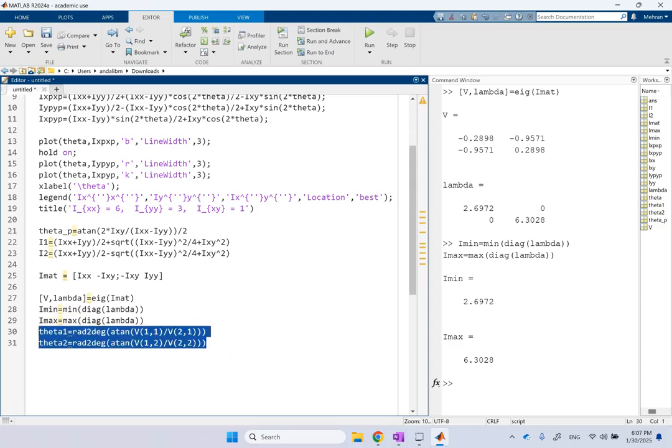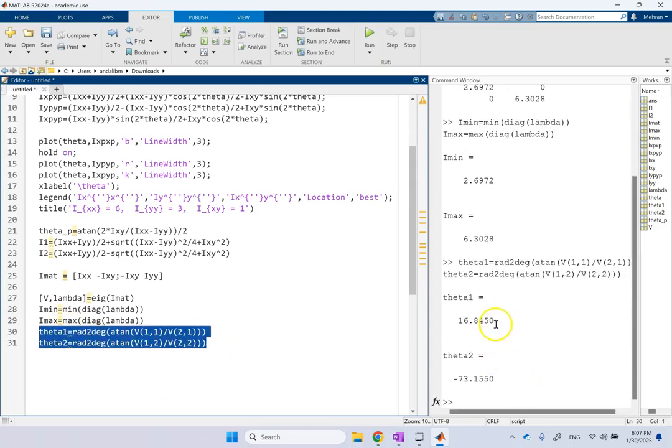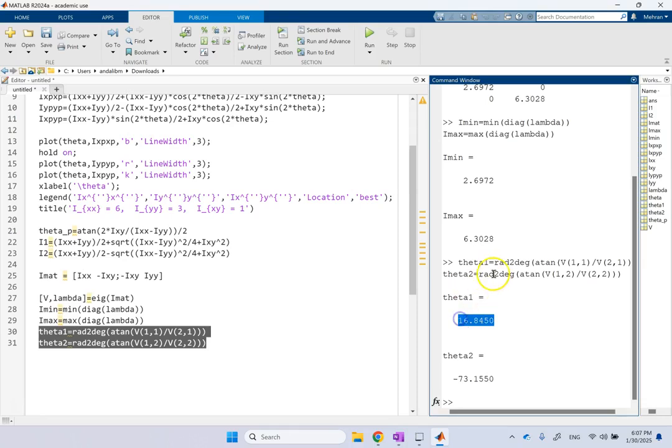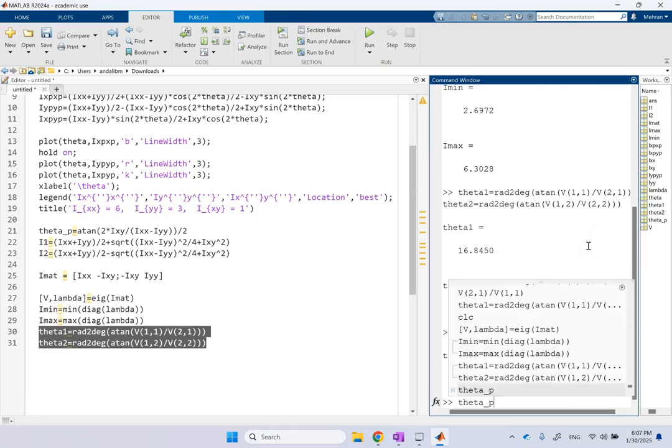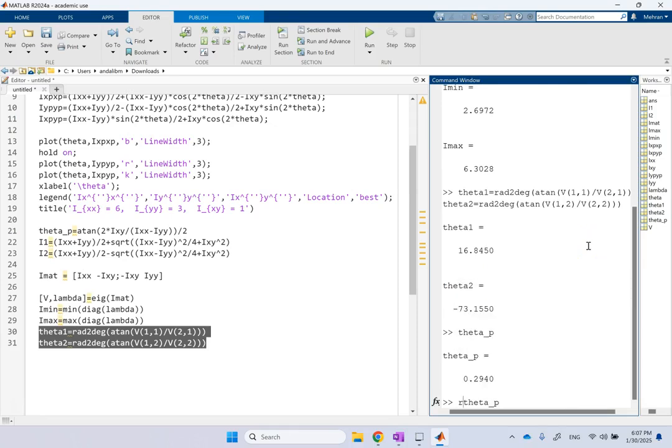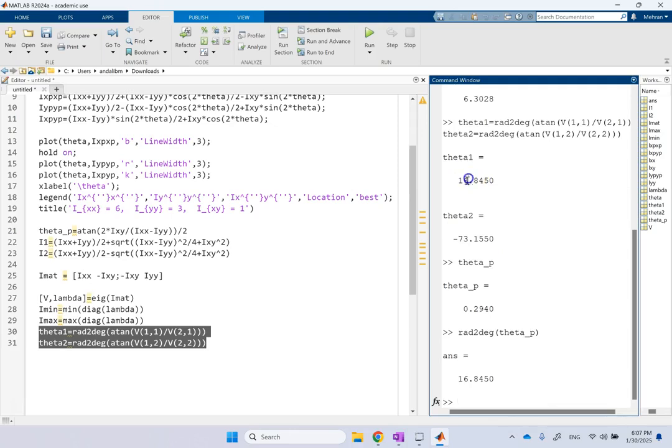So if I run these lines, you'll see that one of them, theta 1, is the same as the theta p that we had, correct? And of course, we converted it to degrees, and that is the same angle, right?